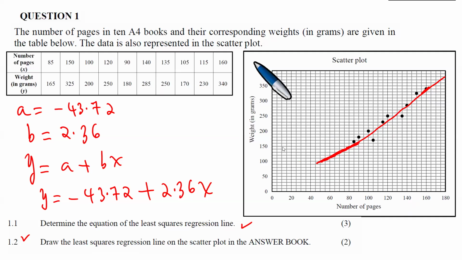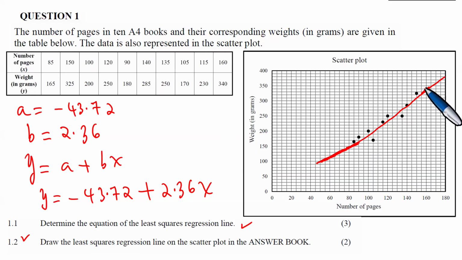That's a good question. How to draw these? Obviously, the way to draw it is to make sure that it cuts through the center of the data points. There is no hard and fast rule when it comes to drawing this, except that you can really see that it cuts through the center.